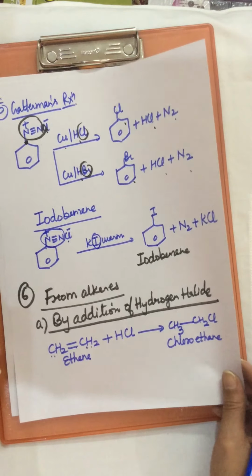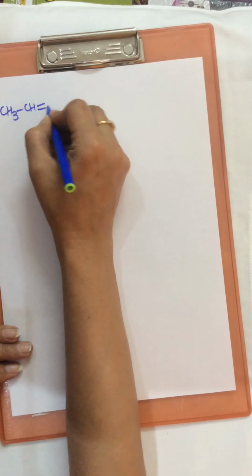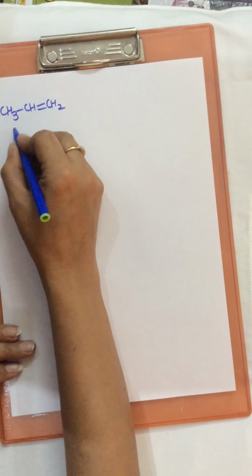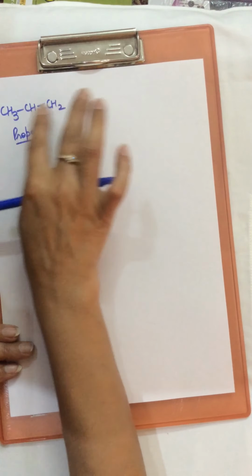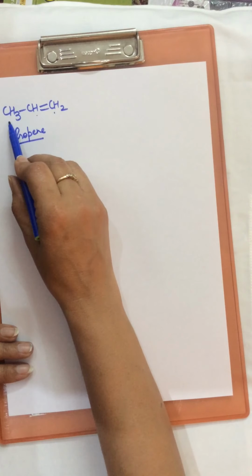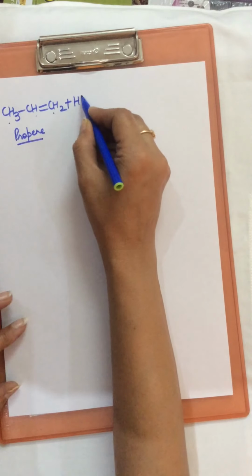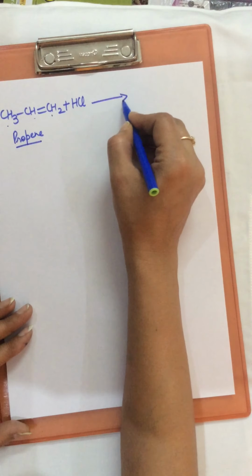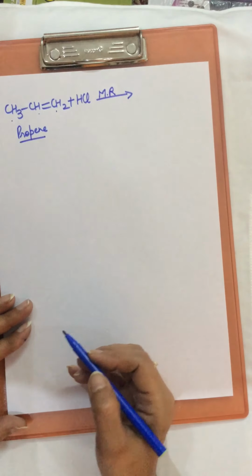If we take an unsymmetrical alkene like propene, this is an example of an unsymmetrical alkene, because both sides of the double bond do not have an equal number of carbon atoms. One side has one carbon atom, the other side has two carbon atoms. If we add HCl here, then addition will be according to Markovnikov rule.